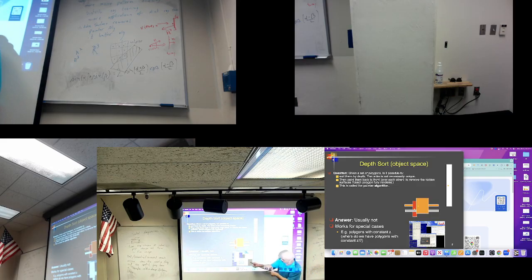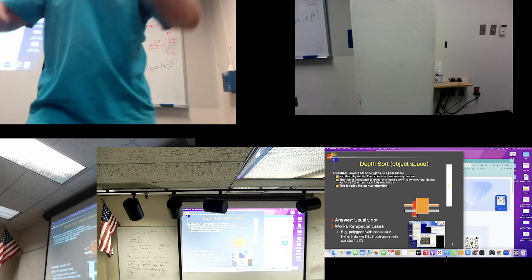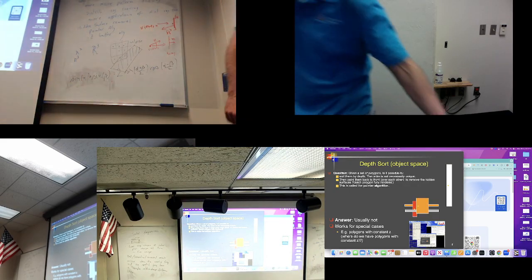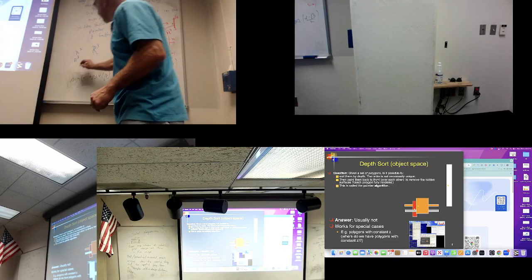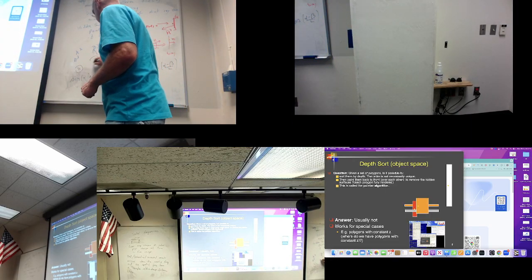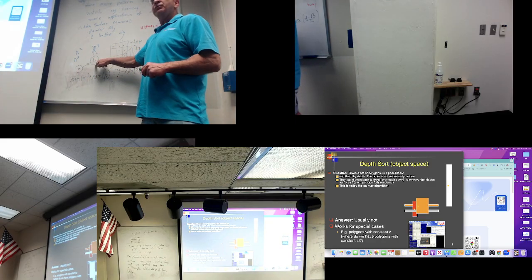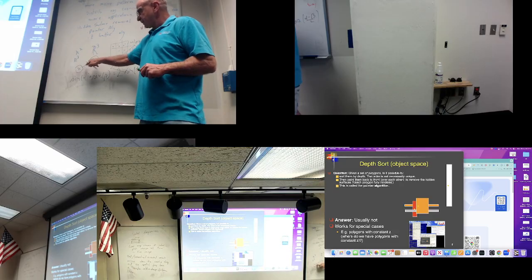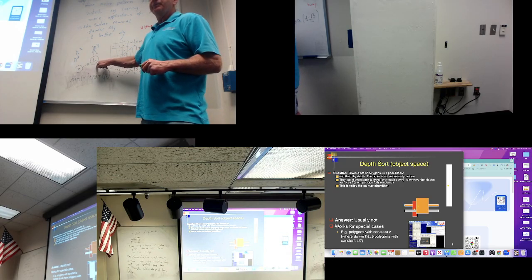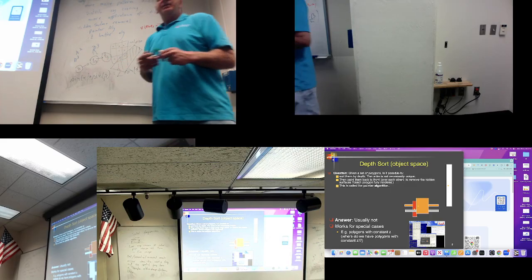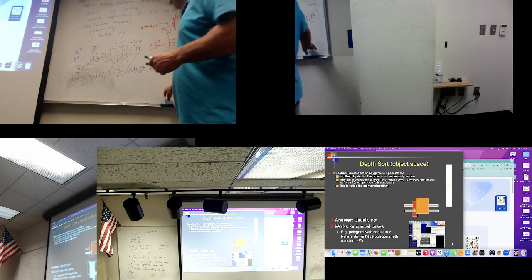I point from one object to an object behind it, behind meaning there is at least one point where this object comes behind it. This will be a graph. Why is this a graph? Because every triangle, T1 will be a node, T2 will be a node, and I'll have an edge from T1 to T2 if a point of T1 occludes a point of T2. And if a point of T2 occludes a point of T3, then there is an edge from T2 to T3.